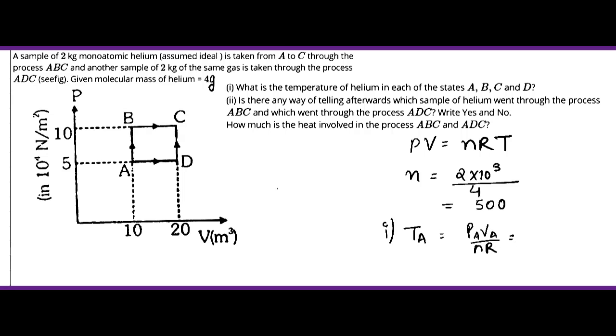When we substitute the values, PA is 5 into 10 to the power 4, so we write 5 into 10 to the power 4 into 10 divided by 500 into 8.31. So this TA would be equal to 120.33 Kelvin approximately.